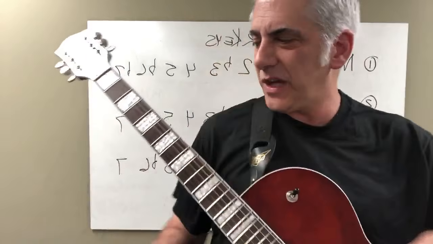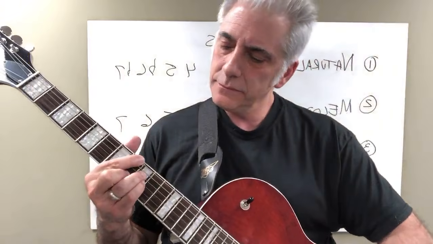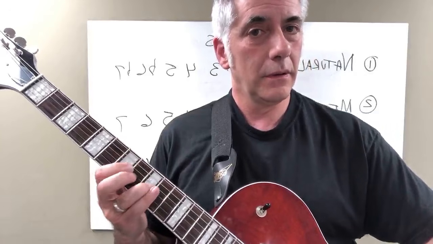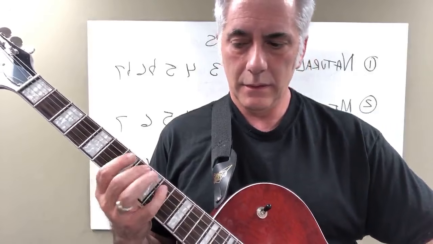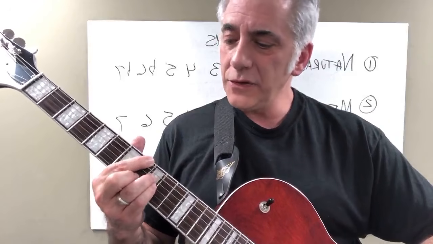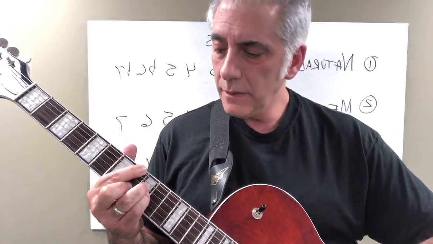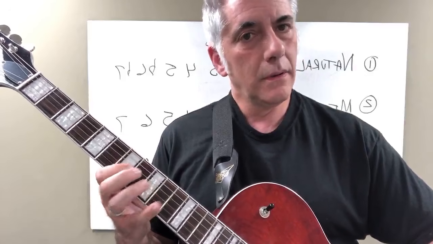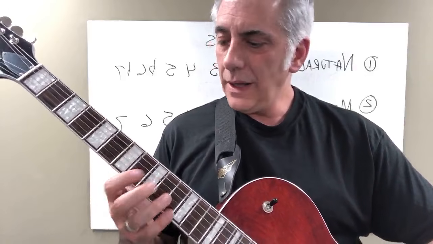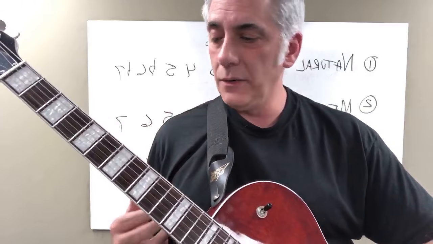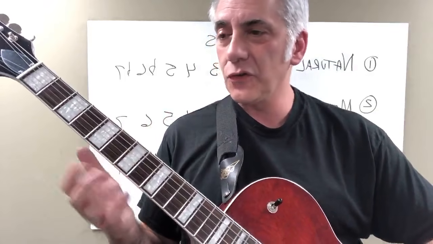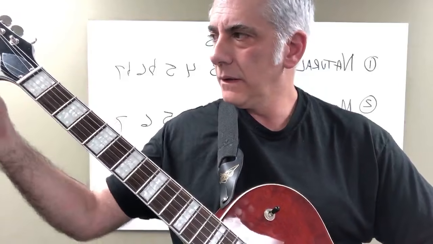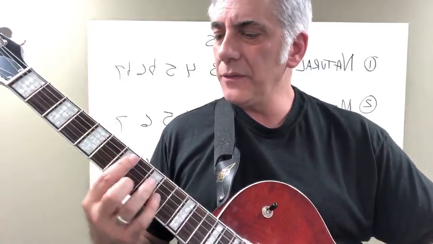So if I'm in the key of C major, I go to the 3 chord. If I'm on the 6th chord, though, I'm going to play Aeolian. And the 6th chord would be something like that.